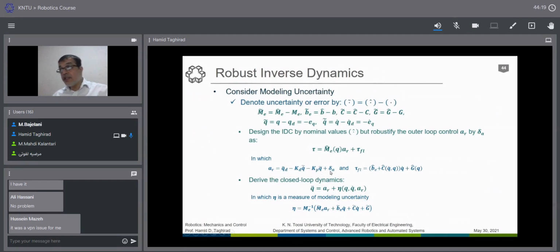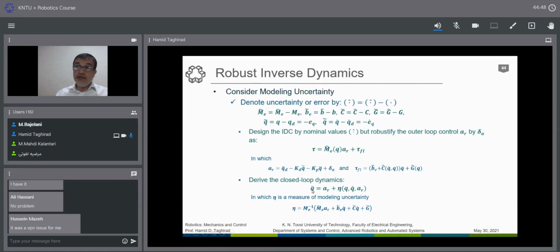We call it Q tilde double dot is equal to minus KD Q tilde minus KP Q tilde plus something which includes all the uncertainties, a nonlinear function eta, which is a function of M tilde, B tilde, C tilde, G tilde, and also a function of AR. It is also a function of delta A that we are including here.